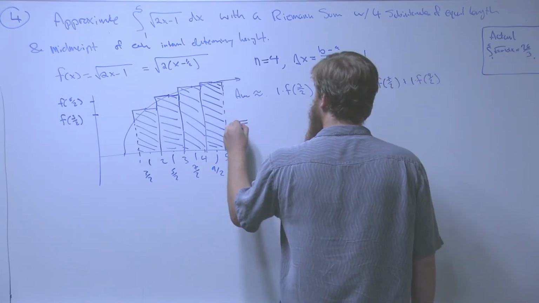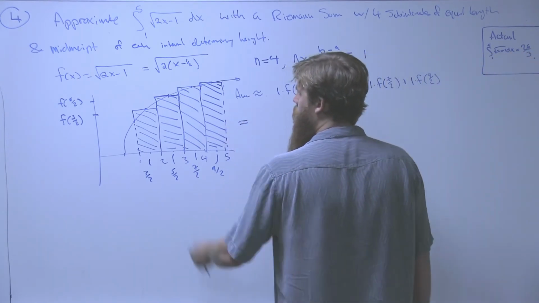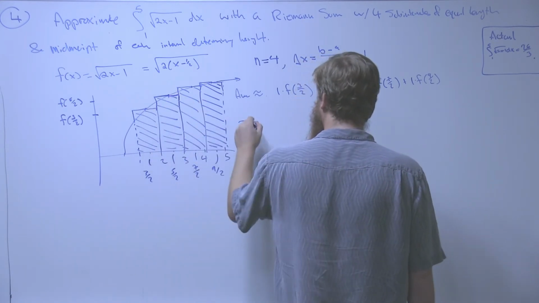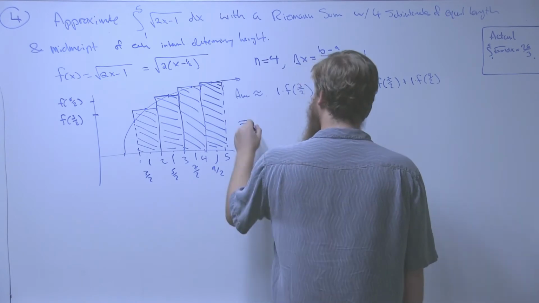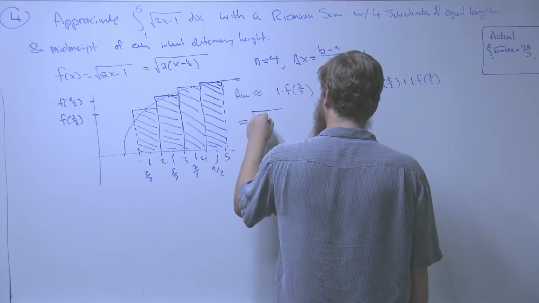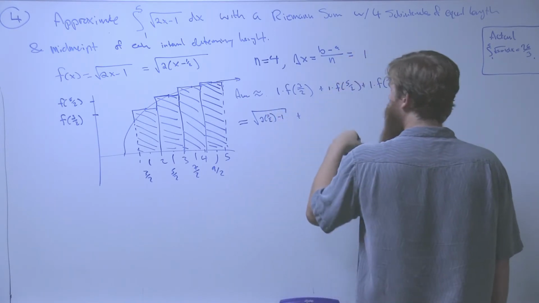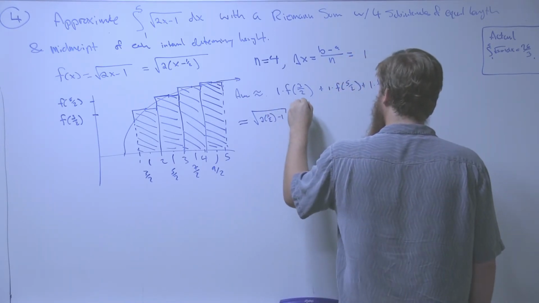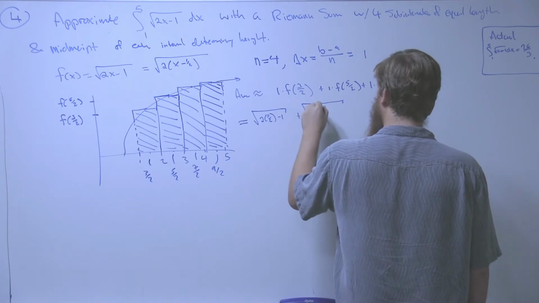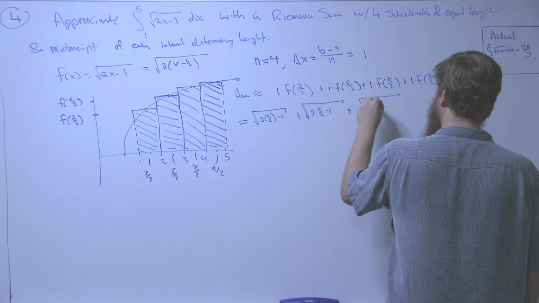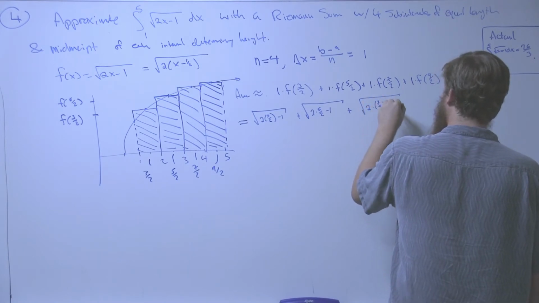Let's do it. f of 3/2 is the square root of 2 times 3/2 minus 1. So I'll try to squeeze this in here. The ones I'm going to ignore because we know they go away. So the second guy is the square root of 2 times 5/2 minus 1. This is the square root of 2 times 7/2 minus 1.